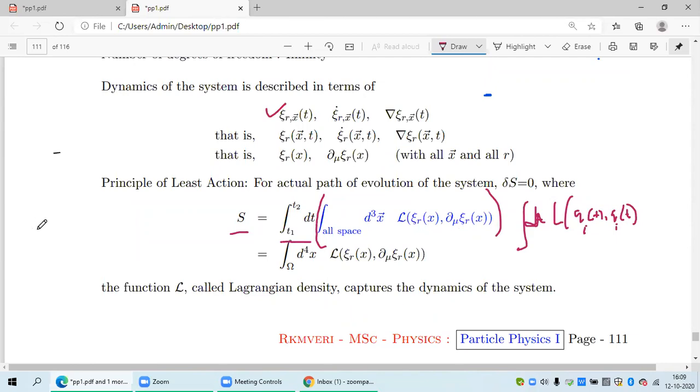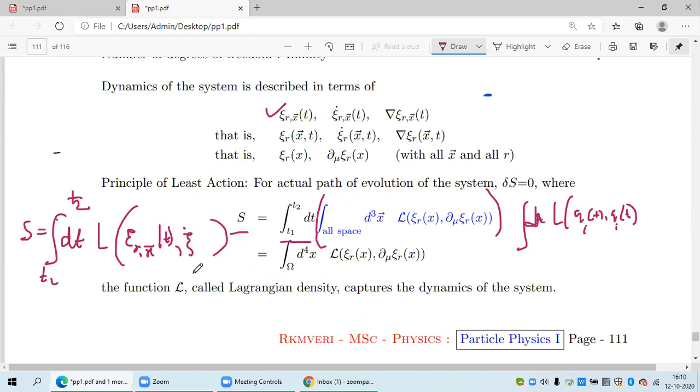In principle, I can also write it in this way. Here also I write S as an integral of dt, from t1 to t2, of an L which is a function of the generalized coordinates, which is here psi, r comma x t, if there are more than one field, and psi dot.